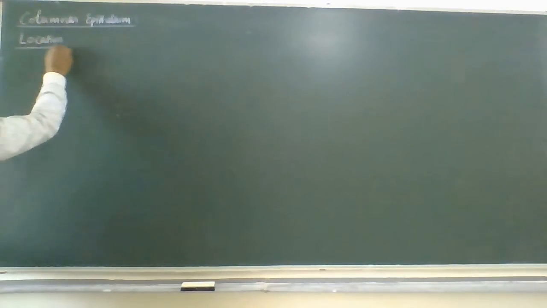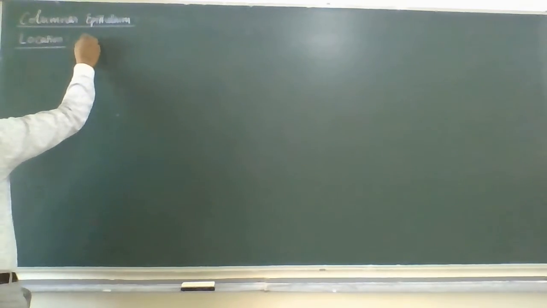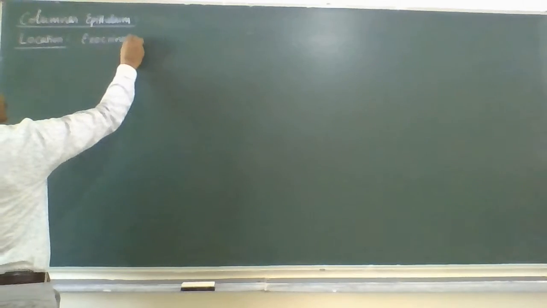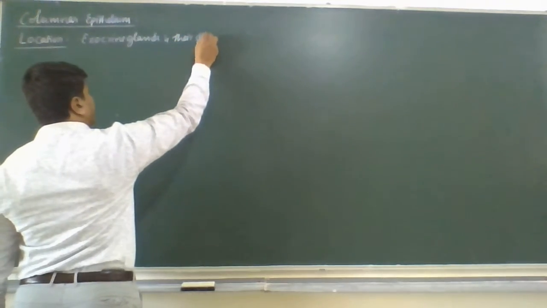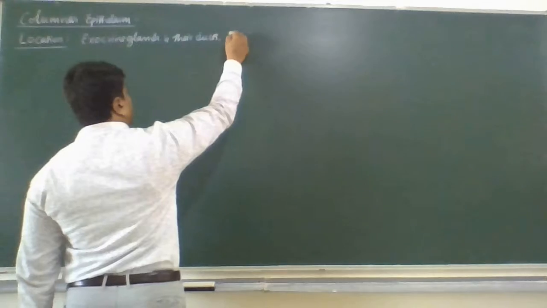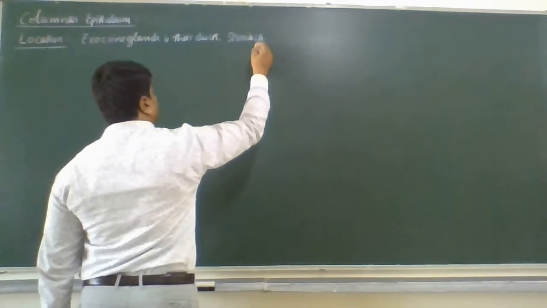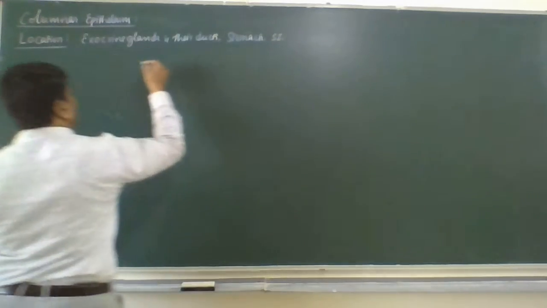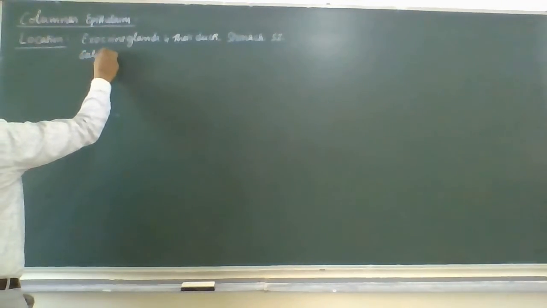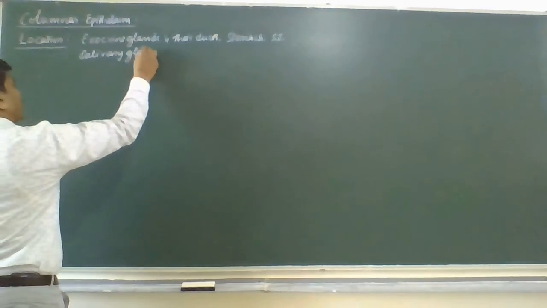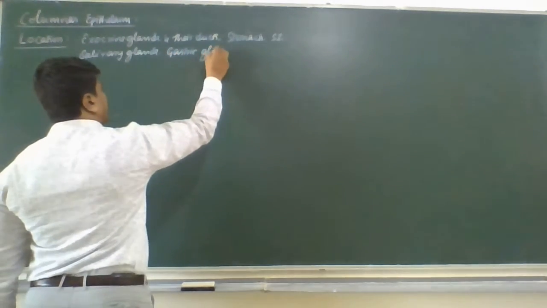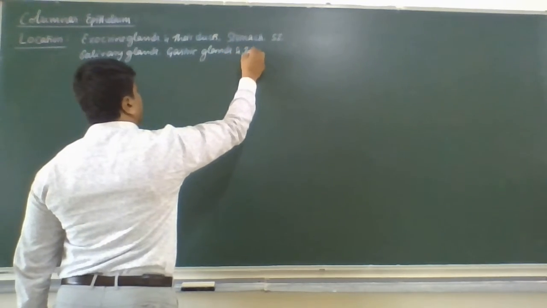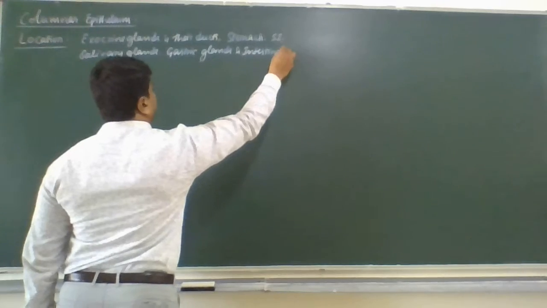In our body, columnar epithelium is present in exocrine glands and their ducts, also in the stomach, small intestine, salivary glands, gastric glands, and intestinal glands.